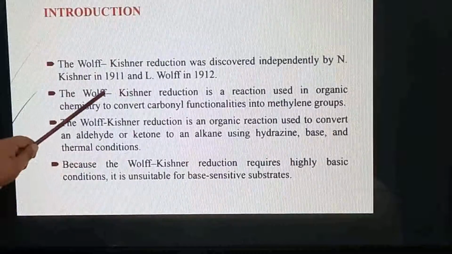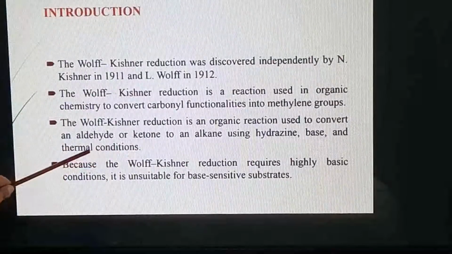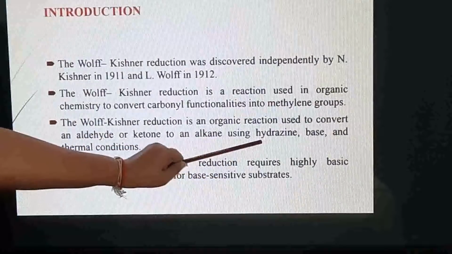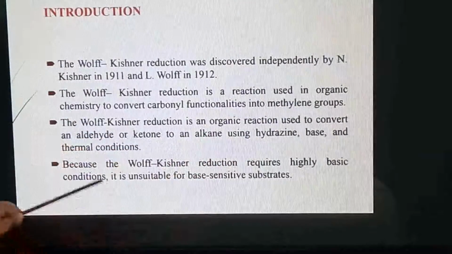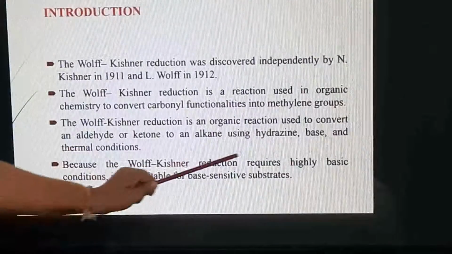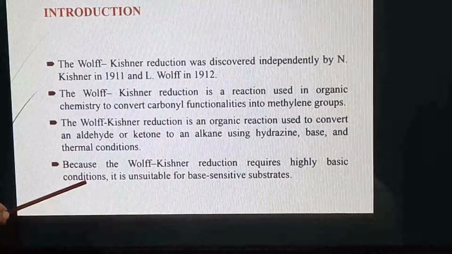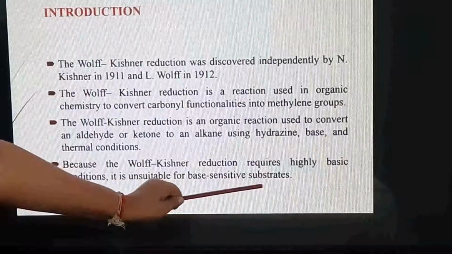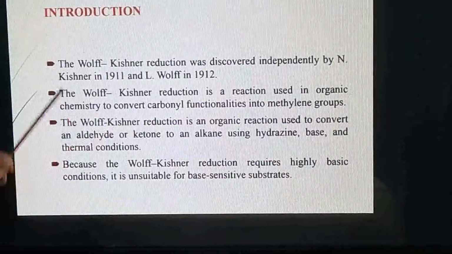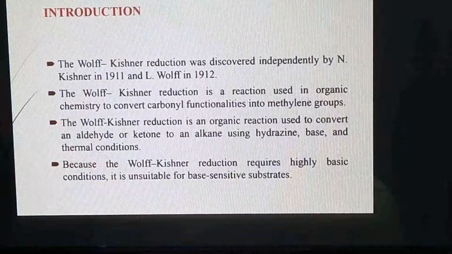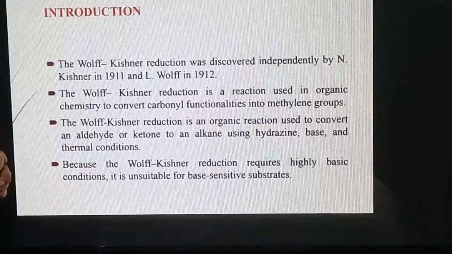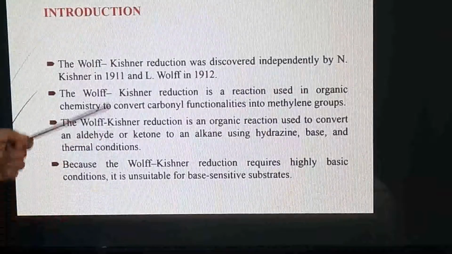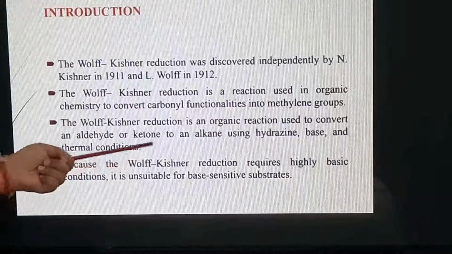So this reaction requires specific conditions: high temperature, base, and hydrazine. Because it requires highly basic conditions, it is unsuitable for base-sensitive substrates. It is useful for acid-sensitive substances. The Clemmensen reduction takes place in acidic condition, so if the compounds are acid sensitive, we can use the Wolff-Kishner reduction.